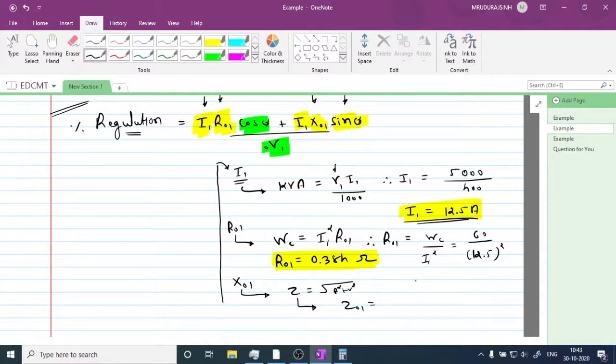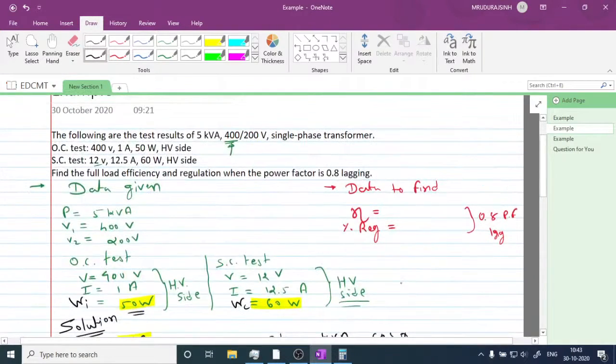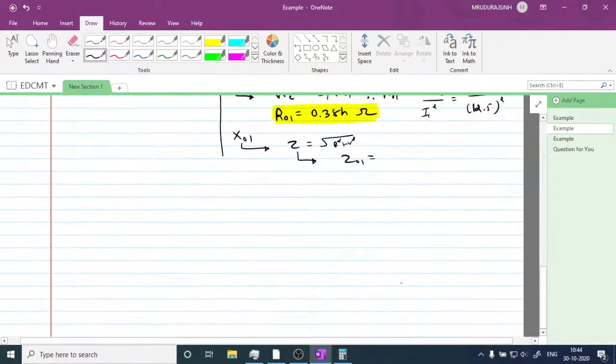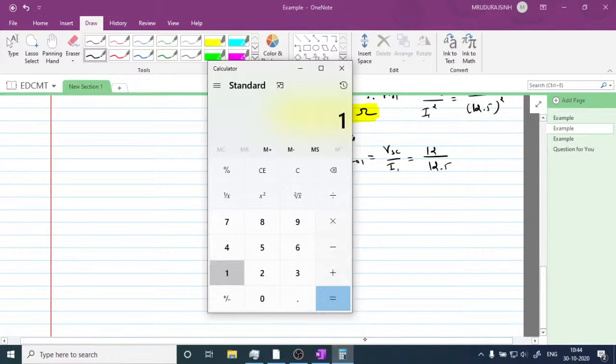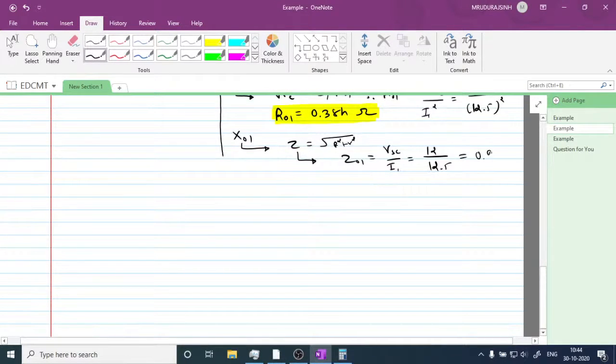The voltage from the primary side during short circuit condition is 12 volts. So it's VSC divided by I1, 12 volts divided by 12.5. Definitely Z is less than 1. It's 0.96 ohm.